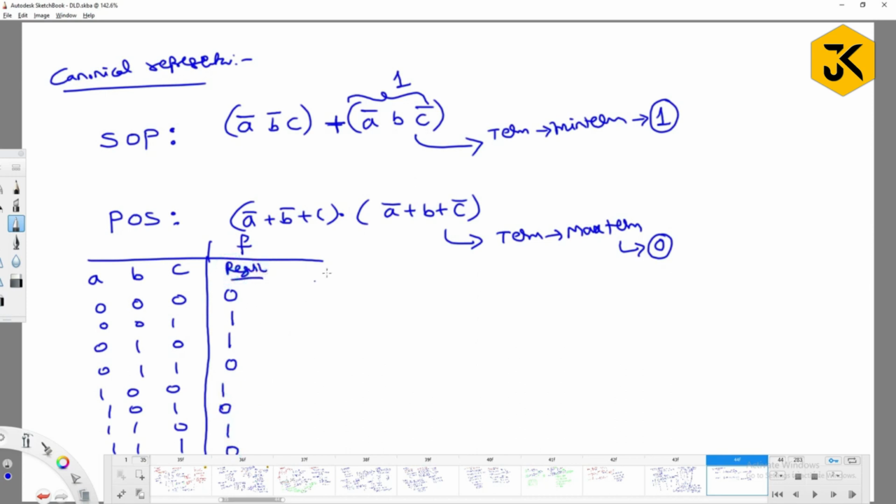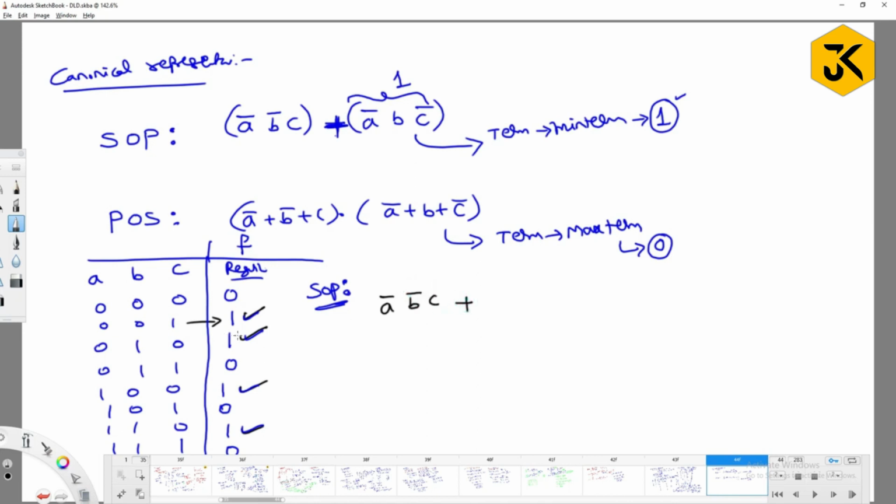For this function, in sum of products, how will we write the expression? All the ones I will make as a sum. See, min term is 1, so wherever you observe 1, I can call it a min term. How did you get this min term? Because of 0 0 1. What is 0 0 1? A bar b bar c, that is 1.